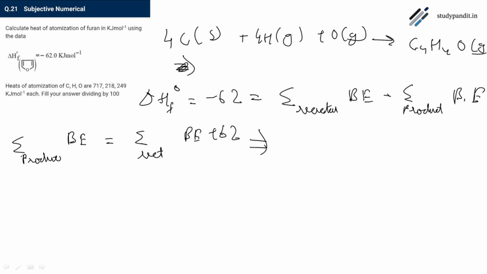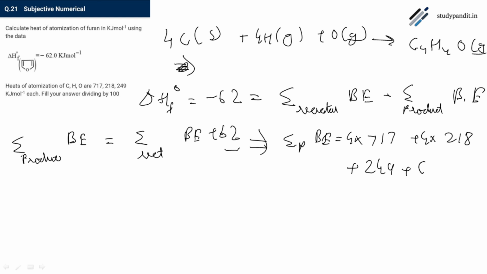Now, this gives us sigma product bonding energy is equal to 4 into 717 for the carbon, plus 4 into 218 for hydrogen, plus 249 for the oxygen, plus this 62.